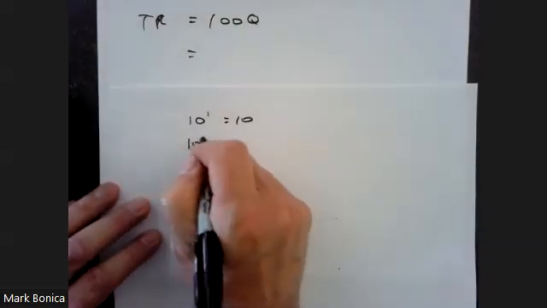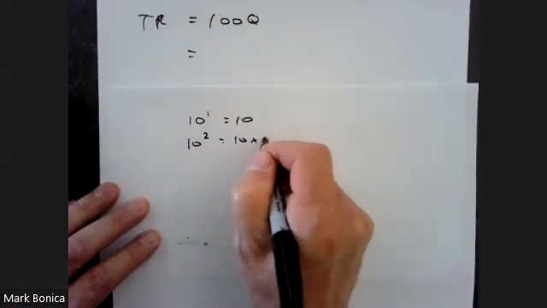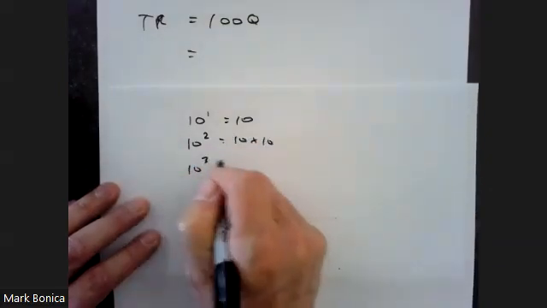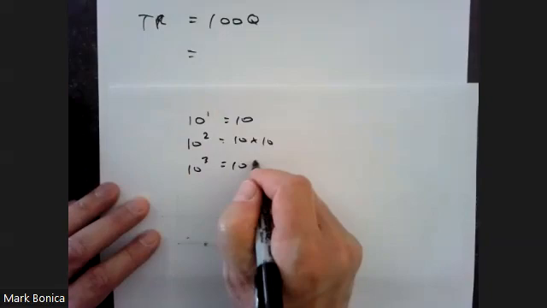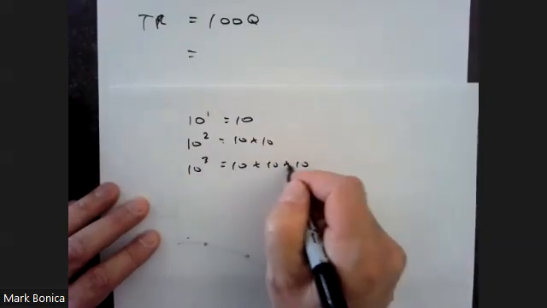What does 10 to the first mean? It means 10. What does 10 squared mean? It means 10 times 10, right? Ten cubed is equal to 10 times 10 times 10.